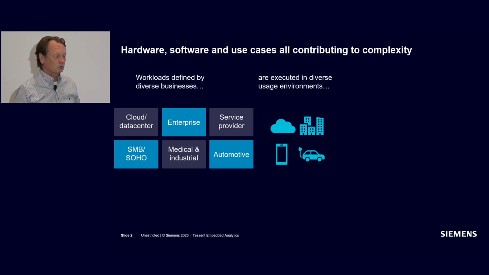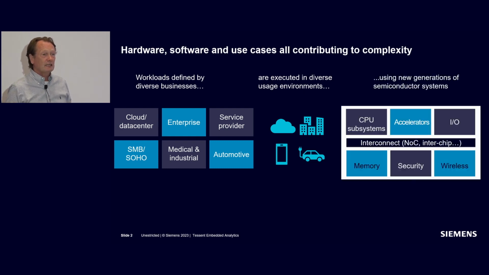We have systems running in a wide range of environments, either in a cloud, in a data center, on the edge, and again, systems consisting of complex components all put together. And it's the combination of all of these things, of the segment, of the workload, of the environment, of the components of the chip itself that's driving this overall complexity.